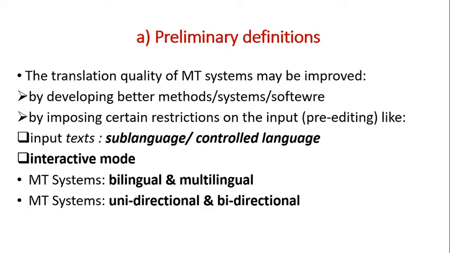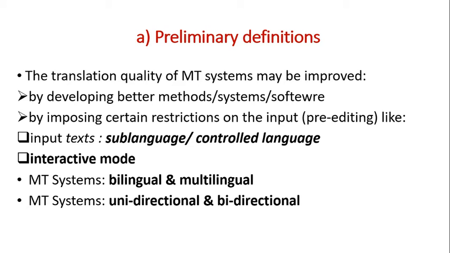When we say legal text, it is not a matter of terminology. It is also a matter of structure. Language structure is different from other text types. And also by producing interactive mode for machine translation.